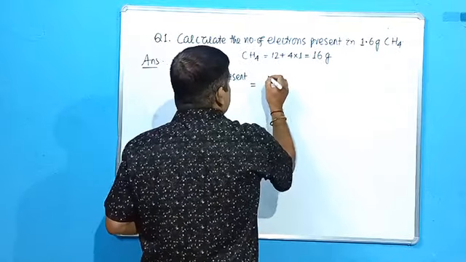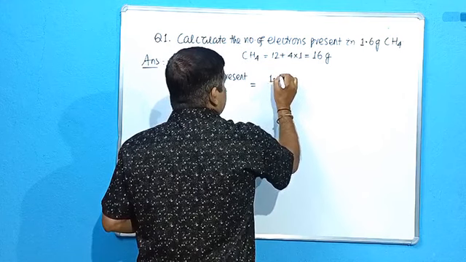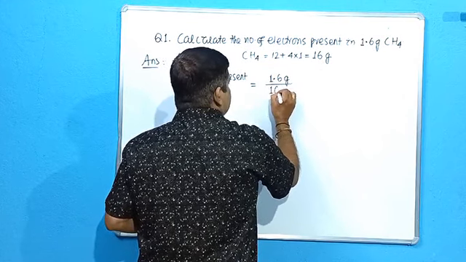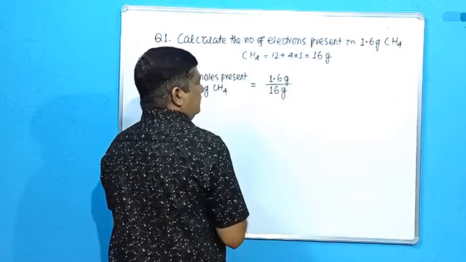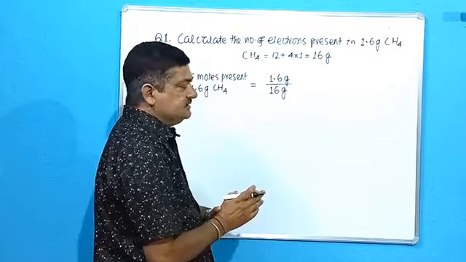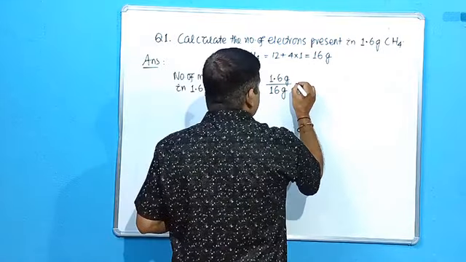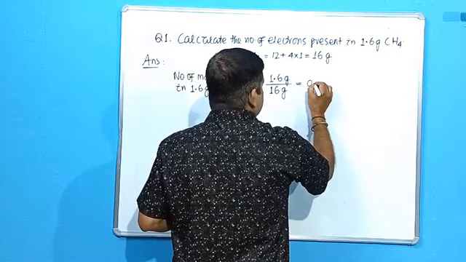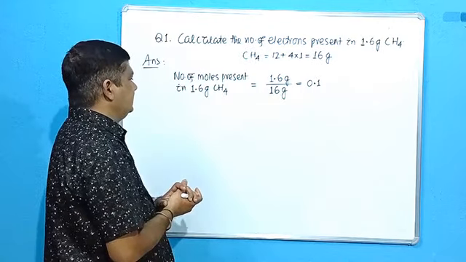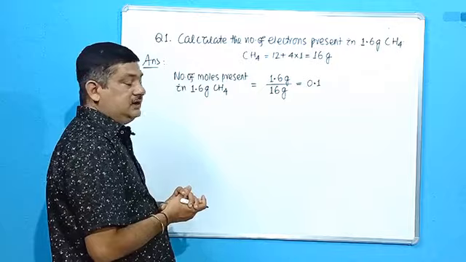So given mass is 1.6 gram, molar mass is 16 gram. So 1.6 means 16 by 10, 16 will cancel out, it will be 1 by 10. That is 0.1. So number of moles present in 1.6 gram methane will be 0.1.